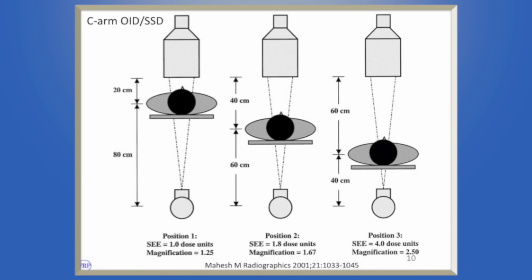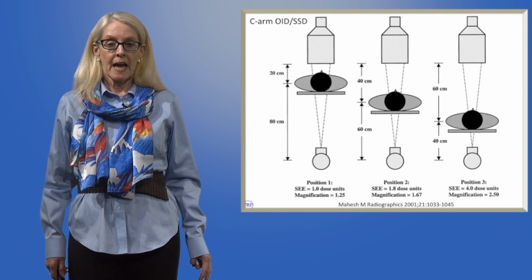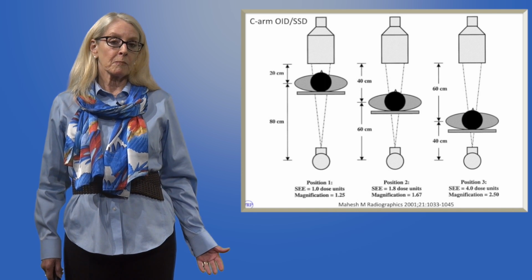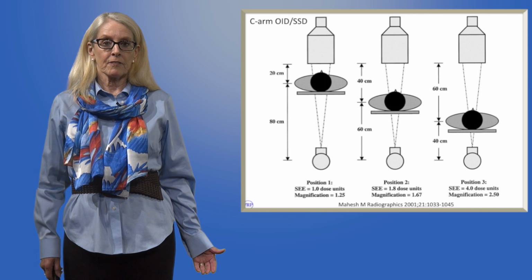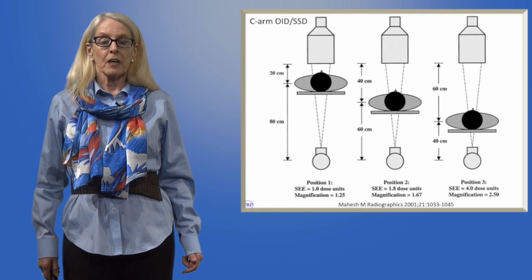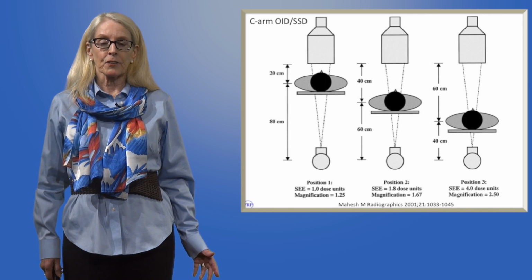The very last image, what you're going to see is an OID of 60 with an SSD of 40. And now you're going to see 4 times as much dose as when it was at an OID of 20. And the magnification is now at 2.5. So you've gone from basically no magnification to 2.5 magnification factor. And you've increased your dose by a factor of 4.